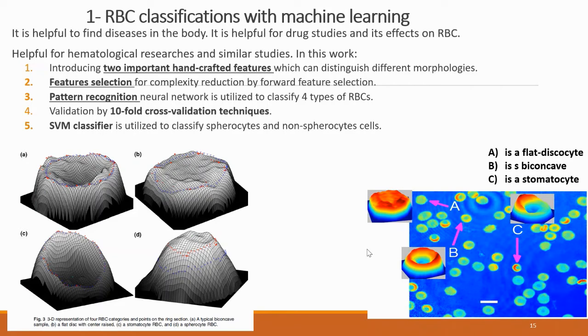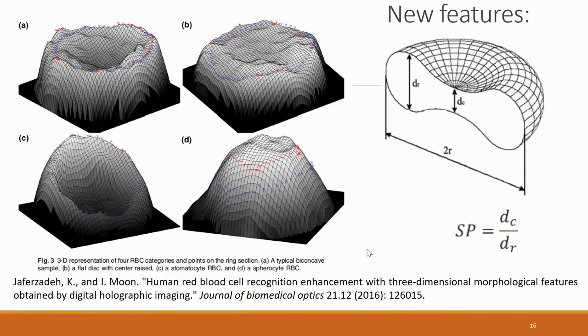When the red blood cell gets older, they become spheroechinocyte. If you have red blood cells in the blood bank that are suffering from spheroechinocyte lesion, then it's dangerous to transfuse this blood to a person. That's why we are addressing this classifier for the spherocyte and non-spherocyte cell classification.